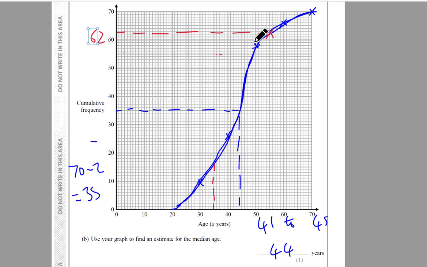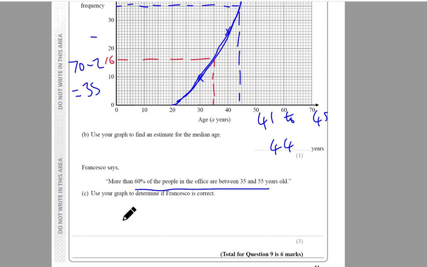So you do it that way. And at 35, can you see that's 16? So let's write 62 minus 16. That equals 46. So that's 46 people.